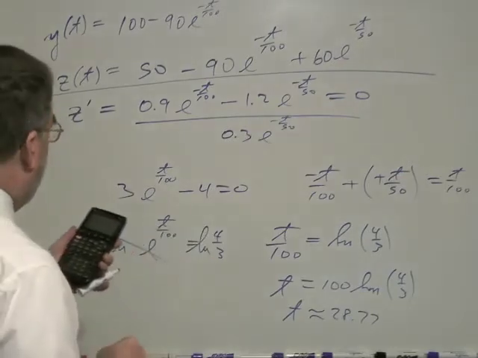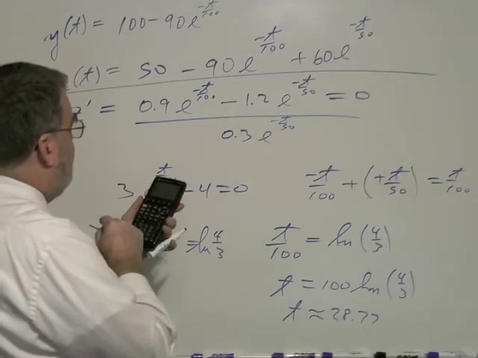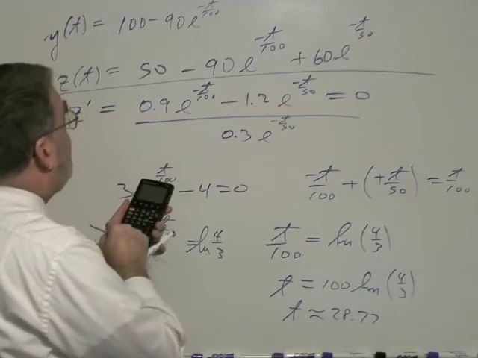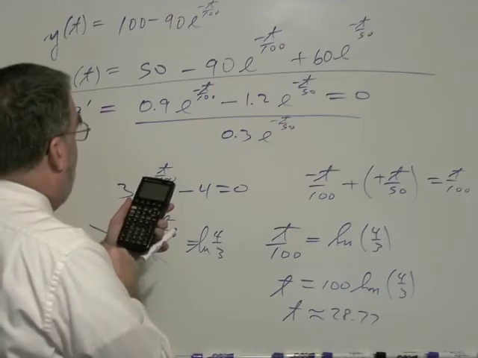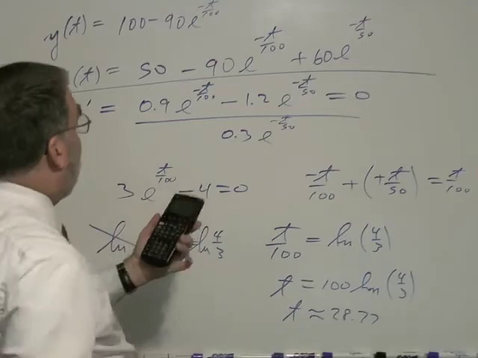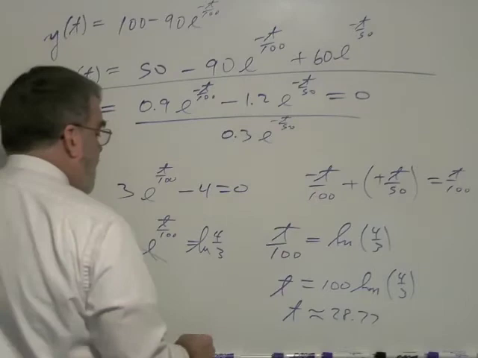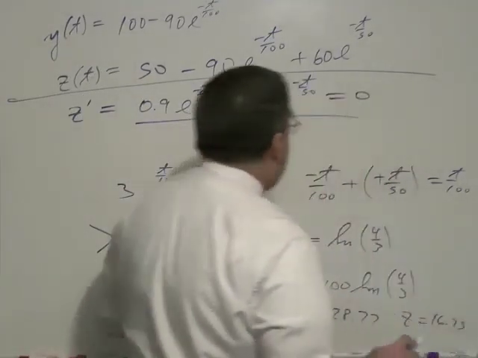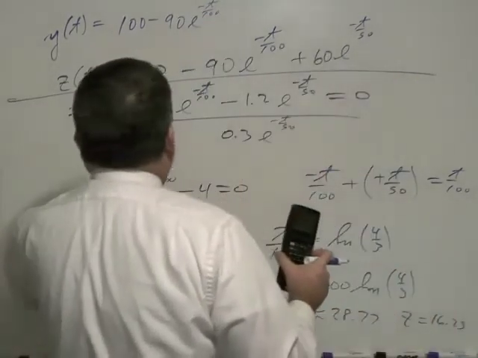Actually, I stored it as x instead of t in my calculator, so I'm using x's here. All right, now I haven't done this calculation before, so I hope it's going to come out reasonable. 16.25. Exactly, according to my calculator. And so z is 16.25.